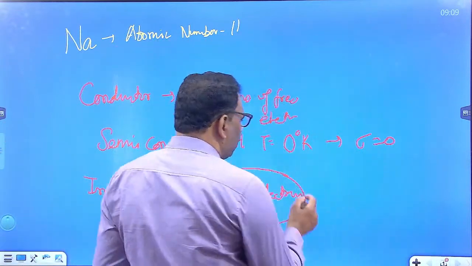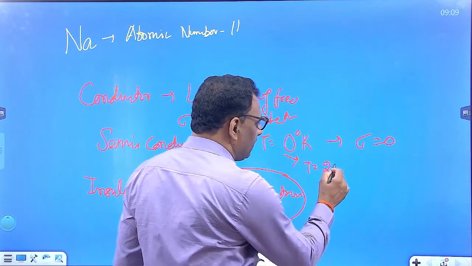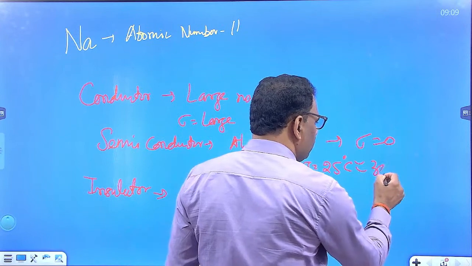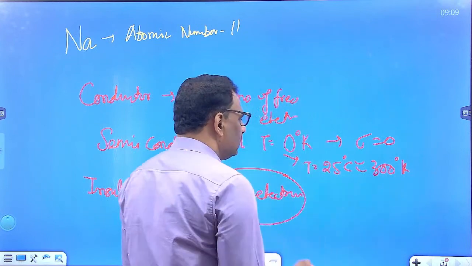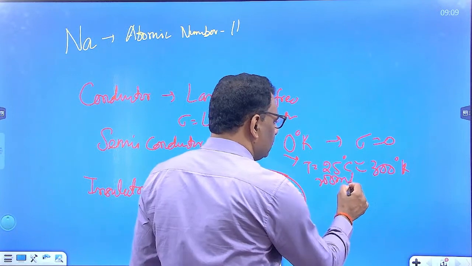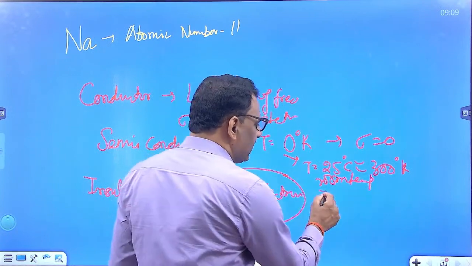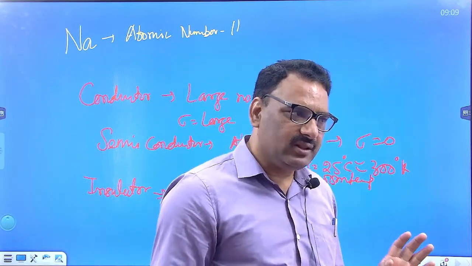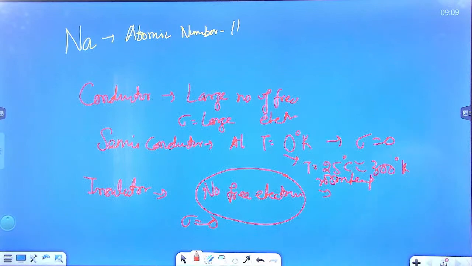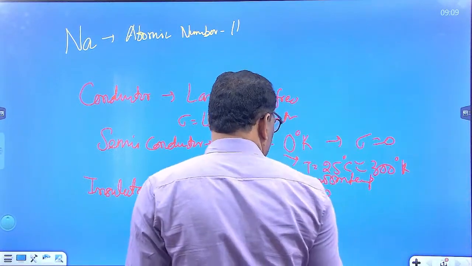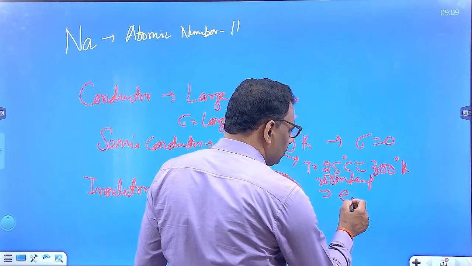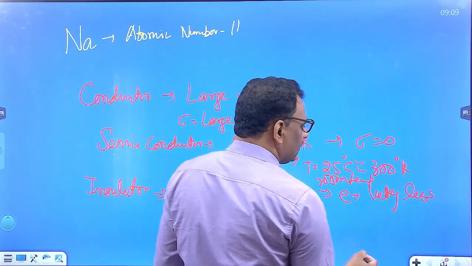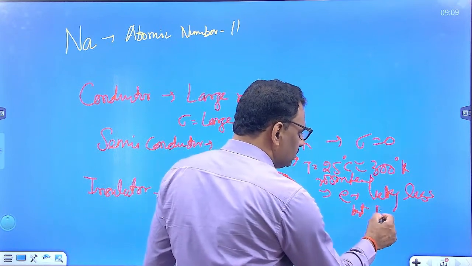But at room temperature, 25 degree centigrade or near about 300 degree Kelvin, we have a sufficient number of electrons, but the number is very less, but non-zero.